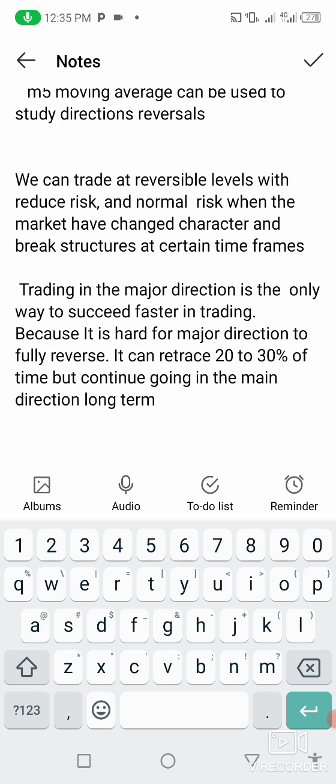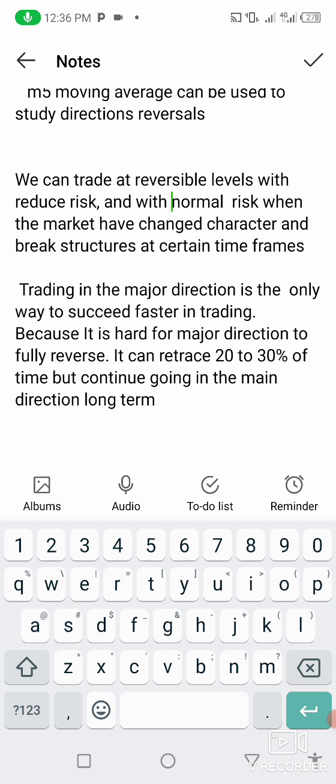We can trade at reversible levels with reduced risk, and then with normal risk when the market has changed character and broken structure at certain time frames.